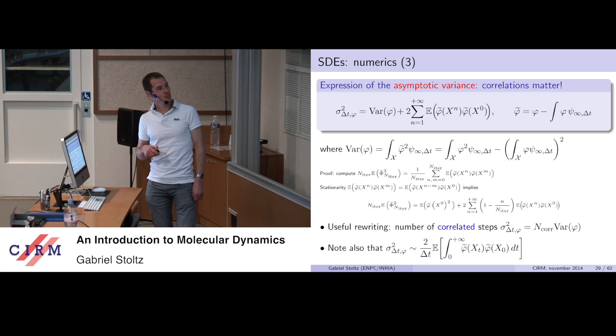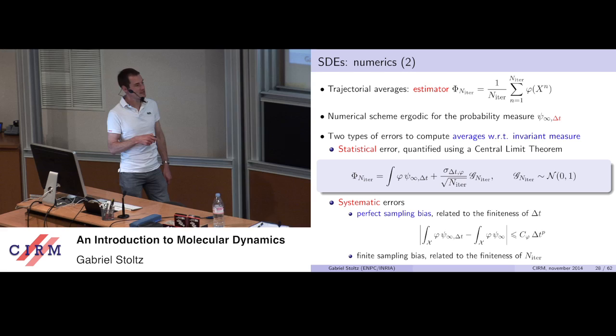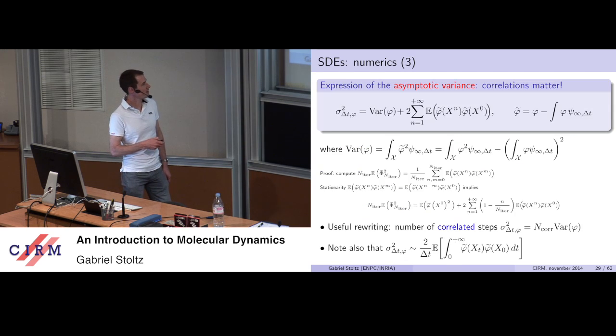In fact, a simple computation shows that this variance is more or less 2 divided by delta t times the expectation of the continuous dynamics. So it tells you that the prefactor is 1 over delta t, and this is not unnatural, because the prefactor is more or less 1 over the number of iteration steps times delta t, so 1 over the square root of the physical time. That's really what you expect.